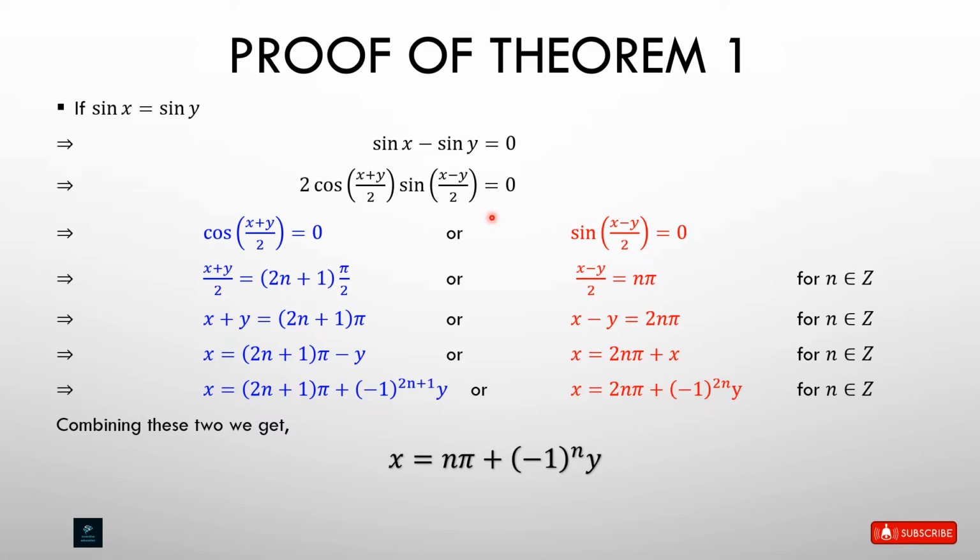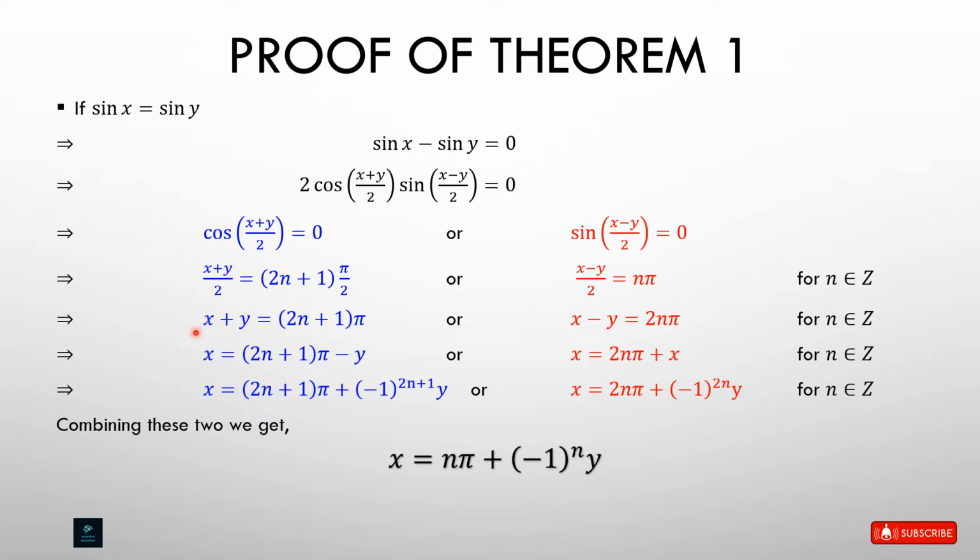This implies that either this cos function has to be 0 or this sine function has to be 0. Taking first the cos function to be 0 and proceeding, we get cos of (x plus y) by 2 equals 0. And this means that (x plus y) by 2 is an odd multiple of pi by 2, that is (2n plus 1) pi by 2.